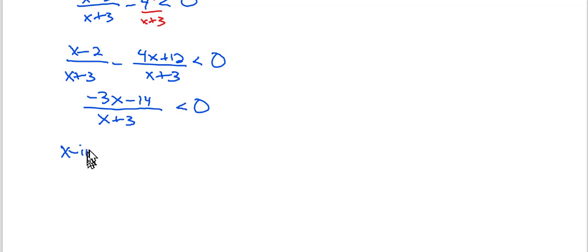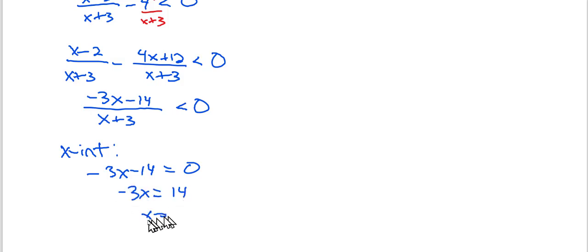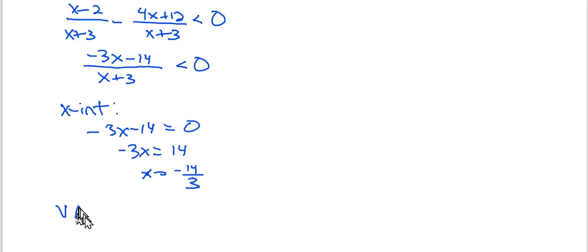I will have an x-intercept when negative 3x minus 14 is equal to 0. I addressed why that is in a previous video. You will have a vertical asymptote when x plus 3 equals 0. So x equals negative 3.